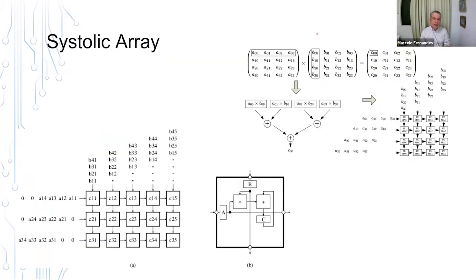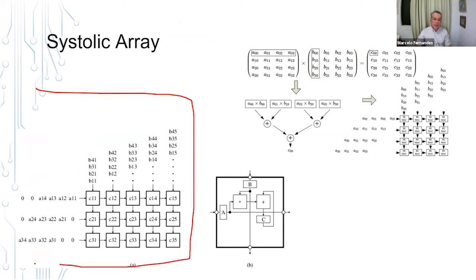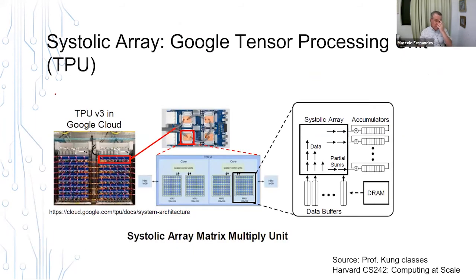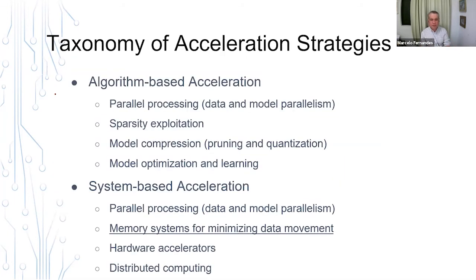The systolic array is a way to make matrix operations with high performance. And for example, the Google Tensor Processing Unit, the TPU, uses a kind of systolic array to accelerate their deep learning algorithms.